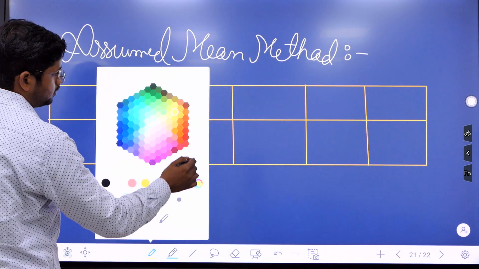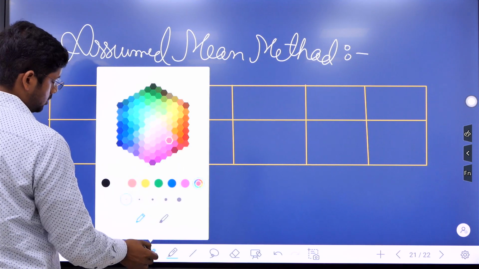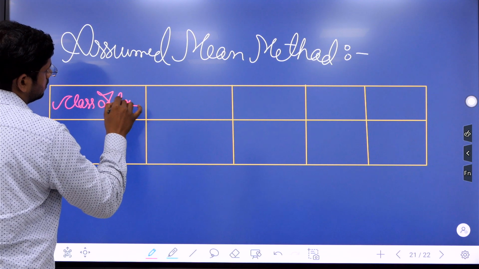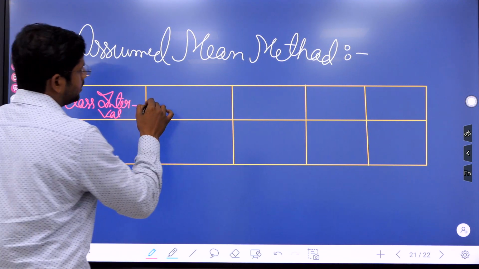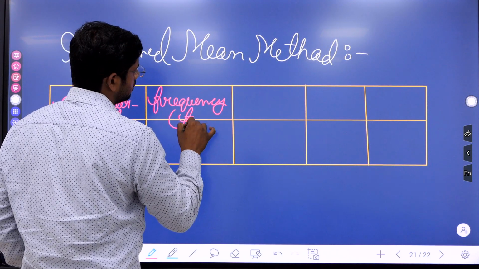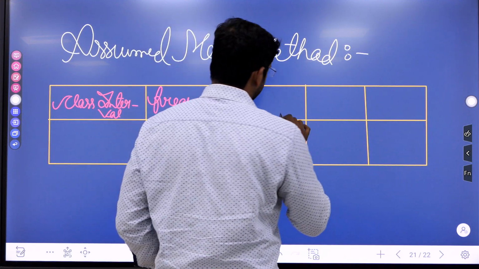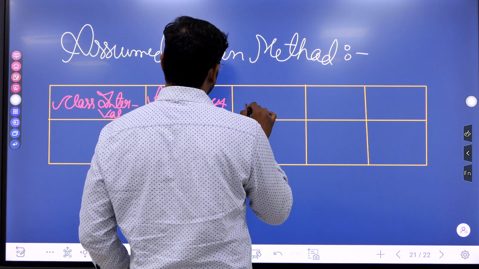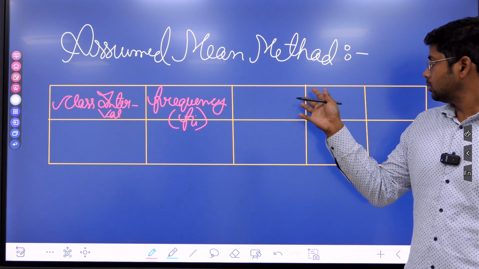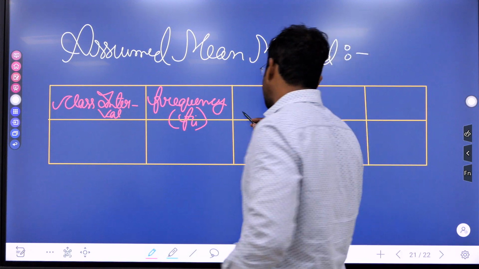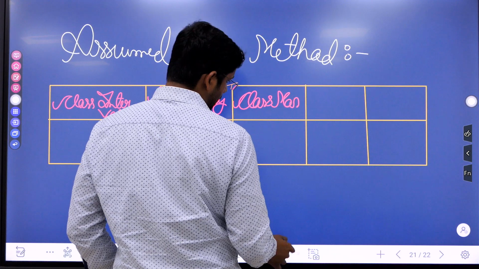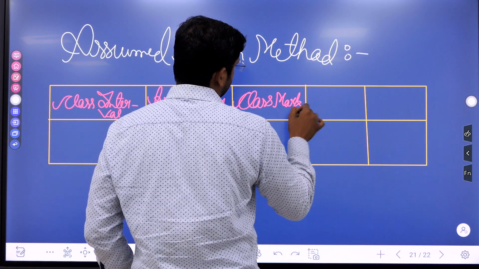So I will take a different color for this. Here you mention class interval, and then I write frequency, and frequency means fi. Then I write class mark, which is also called xi.